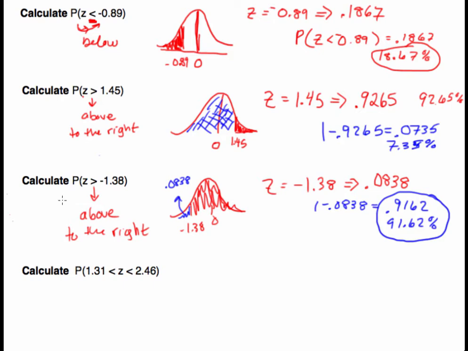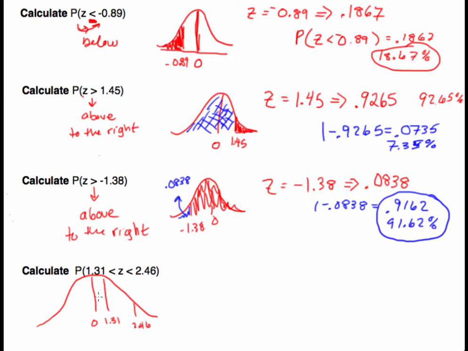The final one's a little tricky, because we're not just looking for the area to the left or to the right. If I were to label this chart, here's 0, I want to know what area is between a z-score of 1.31 and 2.46.